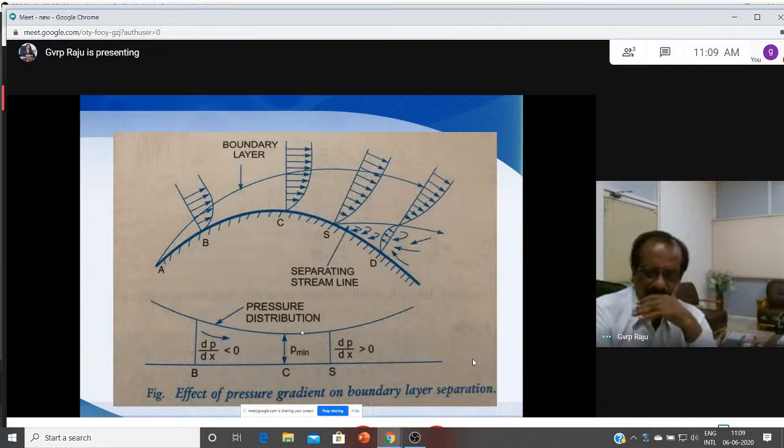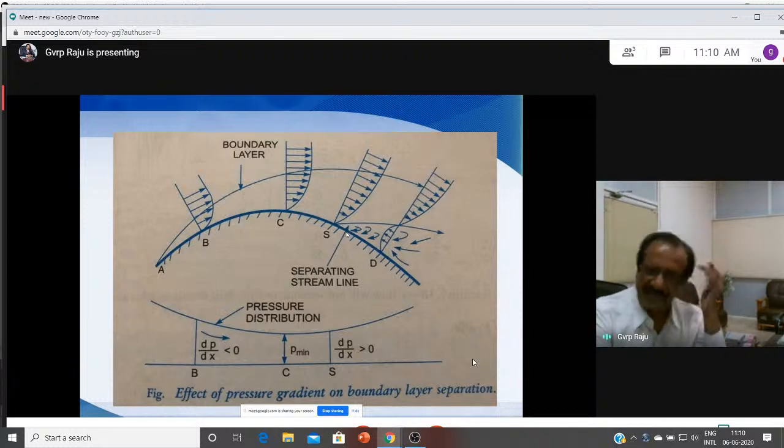Then, in view of the pressure increase, as the boundary layer thickness is increasing, the shear stress is more and more as you go down. The positive pressure gradient is more, and with the boundary shear and all these things, the fluid inside the boundary layer suddenly comes to rest.